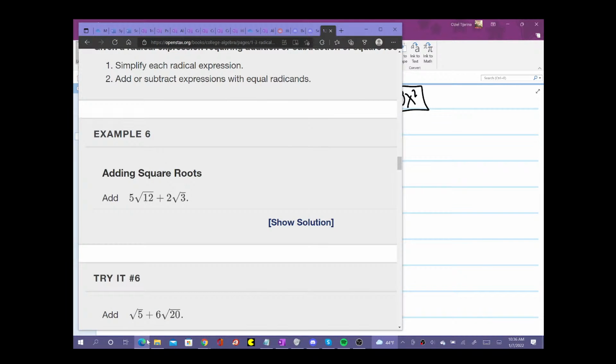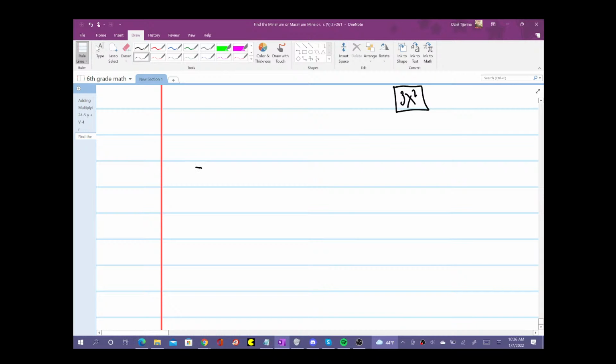So for example, 5 square root 12 plus 2 square root 3. This becomes 5 times the square root of 4 times 3 plus 2 square root 3, which is 5 times the square root of 4 times the square root of 3 plus 2 square root 3.